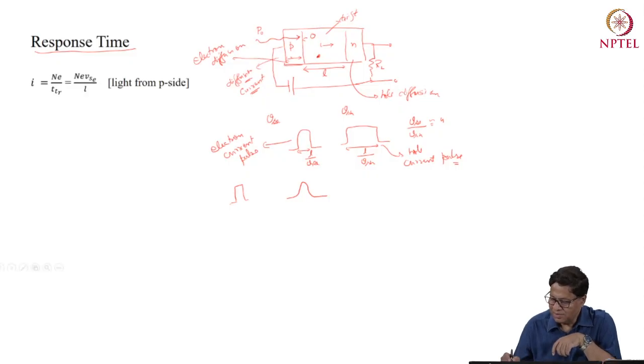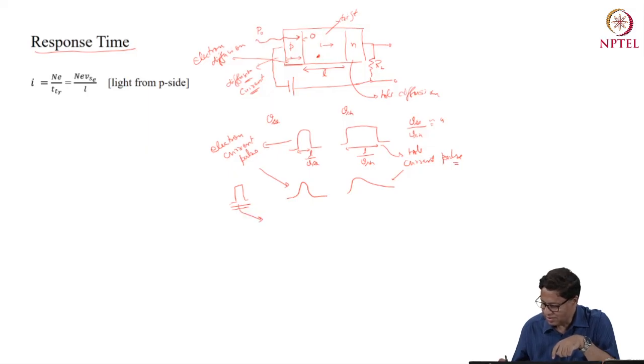And similarly, the hole pulse, because it is generated throughout the I region, if you take the average of it, it will be something like this. So this is the corresponding hole current pulse, and this is the electron pulse. And because both are contributing to the current, if you add them up, including the diffusion part, then what you get is not this kind of pulse, but a distorted pulse.